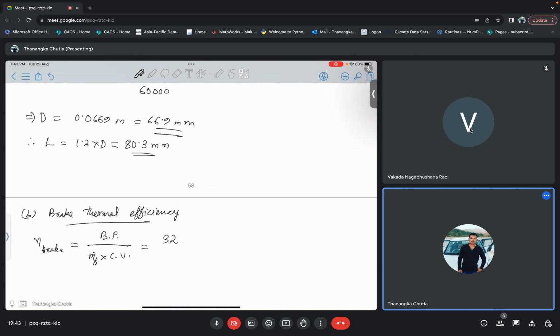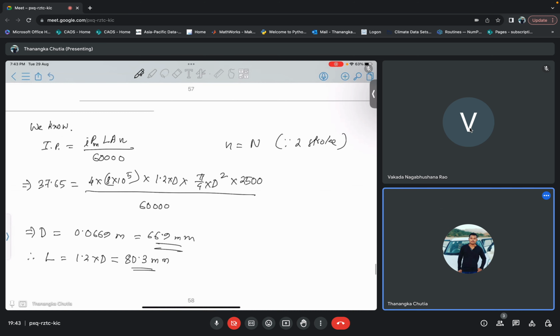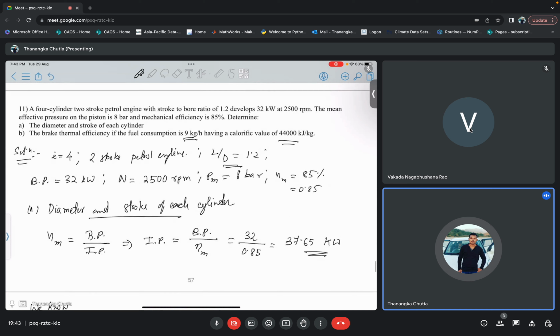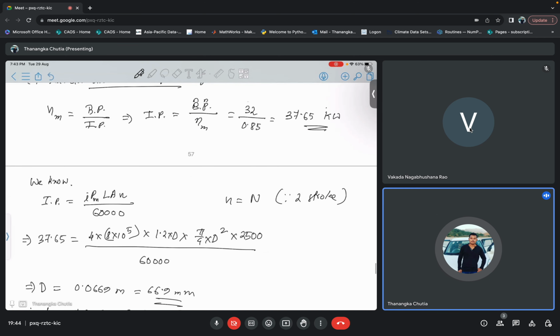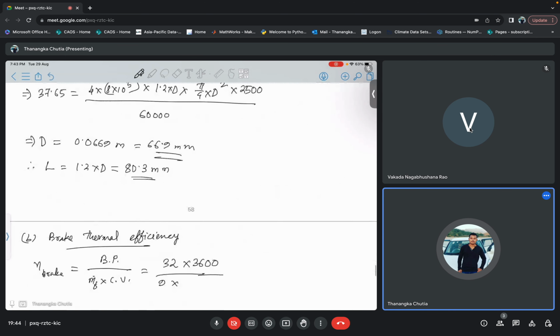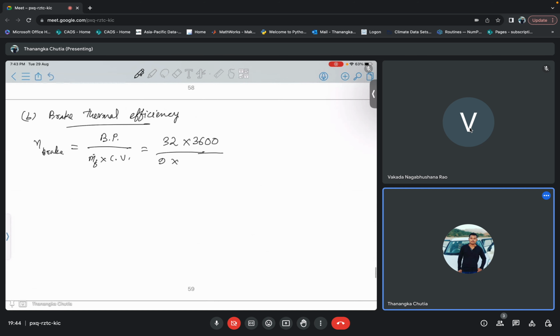Okay, and mass flow rate is given as 9 kg per hour, so you will divide it by 3600 to get it in kg per second, and the calorific value of the fuel is given to you as 44,000. Okay, so from this you will get your brake thermal efficiency as 29.1%.